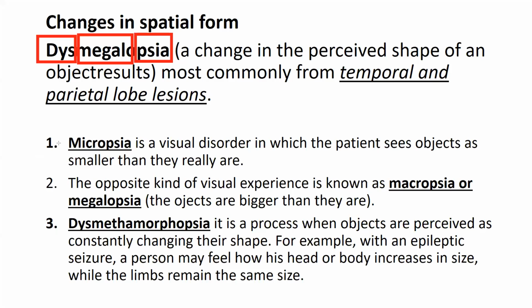We have cases of micropsia, where objects are smaller than they should be, and macropsia or megalopsia, the same, where objects are bigger than they are. When can we see micropsia and megalopsia? Usually in a case of intoxication or brain damage.